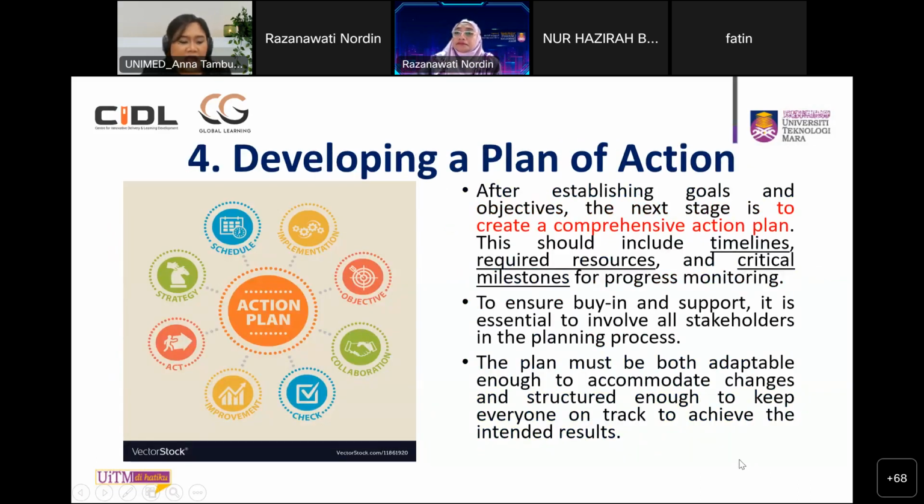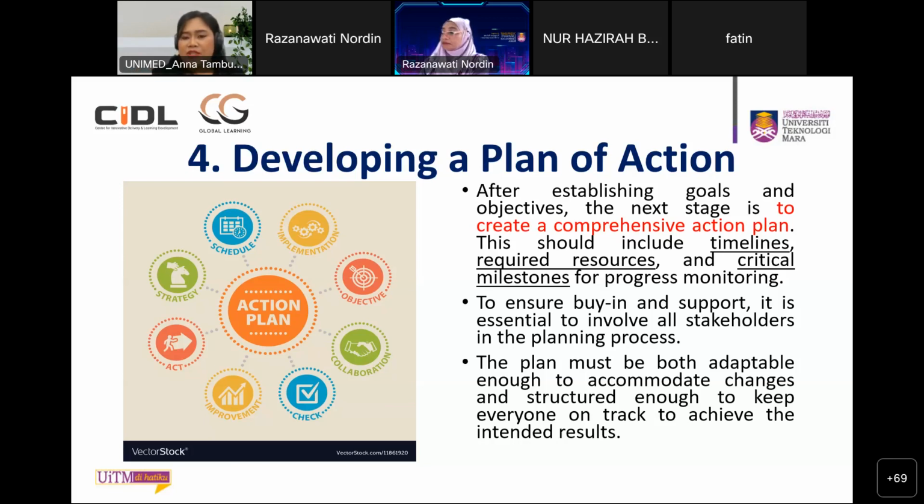And then the next one is developing a plan of action. With goals and objectives in place, the next step is to develop a detailed plan of action. This should include your timelines, resources needed, and key milestones to track progress.